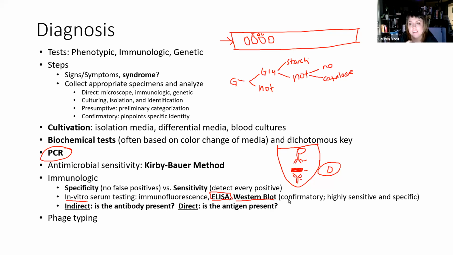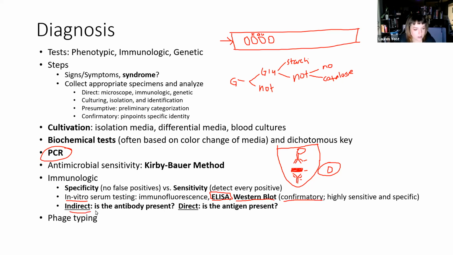So if you get a positive in ELISA, you might want to do a Western blot to confirm, because it is very sensitive and specific, but expensive. So that's the only reason why we don't do them all the time. So we use these to confirm. These are confirmatory.